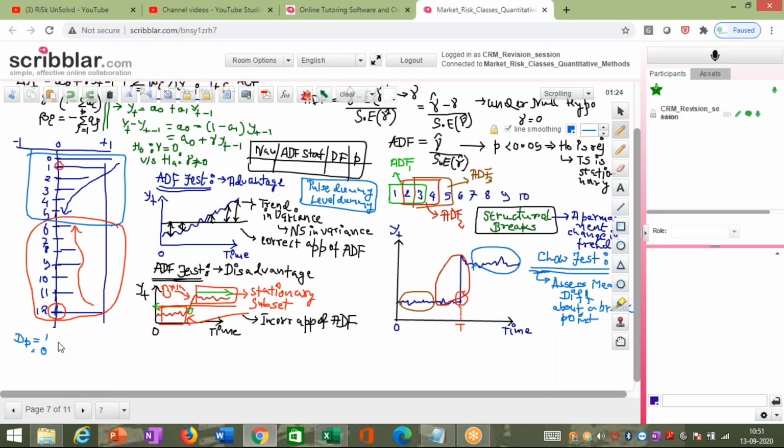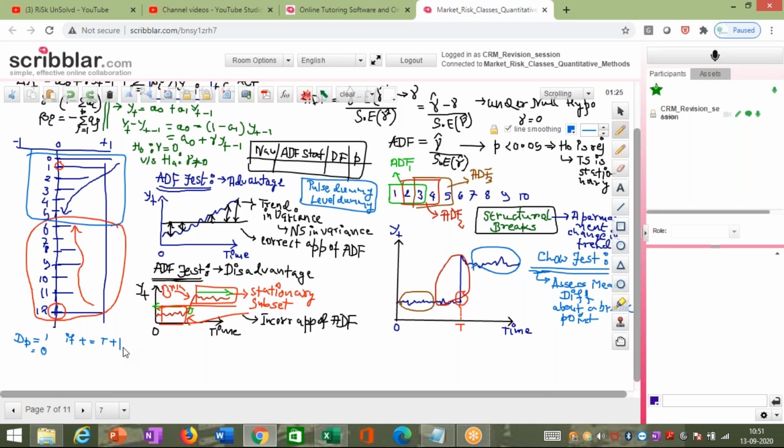The pulse dummy is 1 if t is equal to capital T plus 1, where the structural break is happening at time point T. If I want to test that there is a sudden spike, and if this event has happened, then DP will be equal to 1.